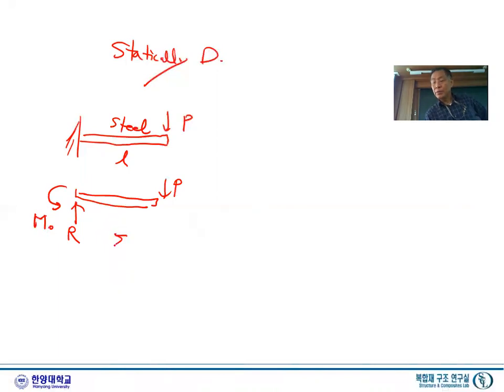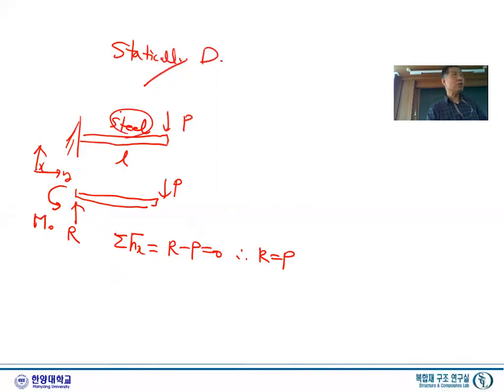Again, equilibrium-wise, let's call this X and Y, and force X is R minus P equals 0. So R equals P, that's it. Even no length, no material property. Material property means we don't have to consider whether it's steel or rubber or aluminum, right?